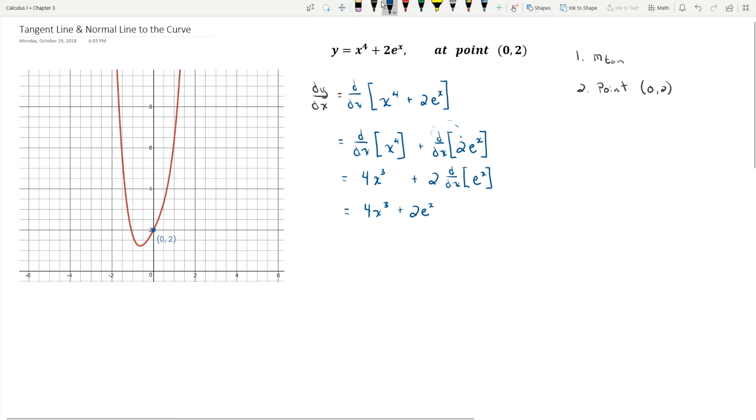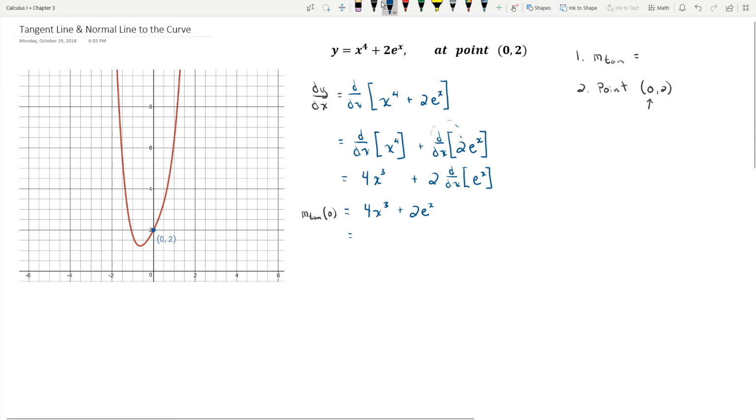So from here, we need to create the equation of the tangent line. And actually, before we do that, let's go ahead and figure out what our slope is. Since we do have the derivative function, we're going to just plug 0 into our function. So we will have m tan representing slope of tangent. Our input will be 0.